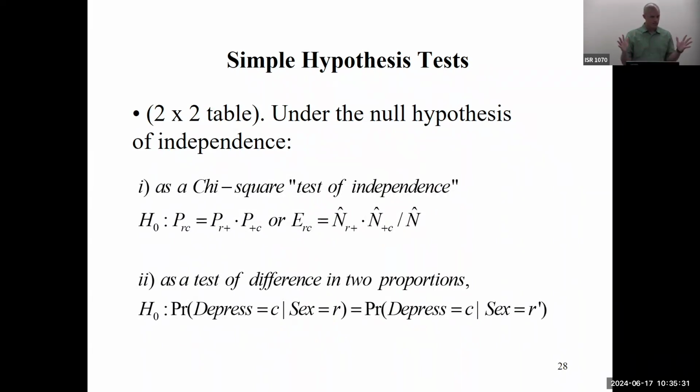Same idea. It's speaking to the exact same test. We just want to see if these two variables are independent of each other. Those are two different ways of writing the same null hypothesis in the case of a 2x2 table. More generally, 3x3, 3x4, whatever the case may be, we frame the null hypothesis as a general case of independence of the two variables.